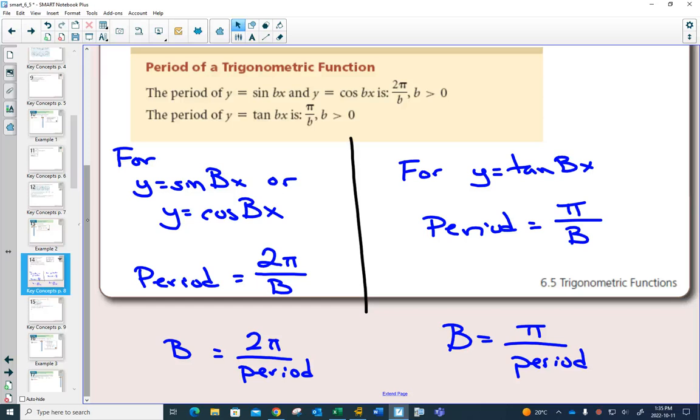And if you know the period, there's a formula for figuring out what the B value is. And it's pretty straightforward, because if you had a B value, like a 3, is a horizontal compression by 1/3. You would take 2 pi and divide it by 3 to get the new period. So this is just showing horizontal stretches and compressions into a formula. And for tan, since the period of tan starts off as pi, the formulas are the same, just with pi instead of 2 pi.